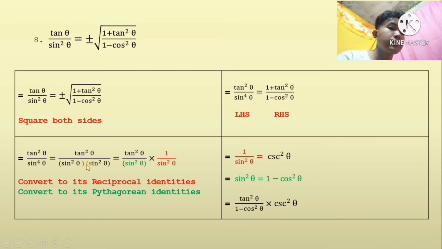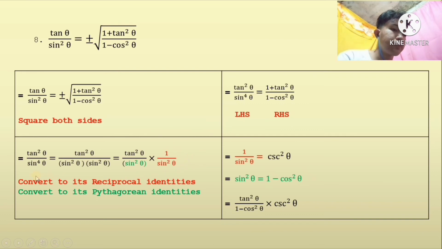So separate sine raised to 4 theta into sine squared theta times sine squared theta. So our equation will be tangent squared theta over sine squared theta times sine squared theta. So separate into this expression. So our equation will be tangent squared theta over sine squared theta times 1 over sine squared theta.